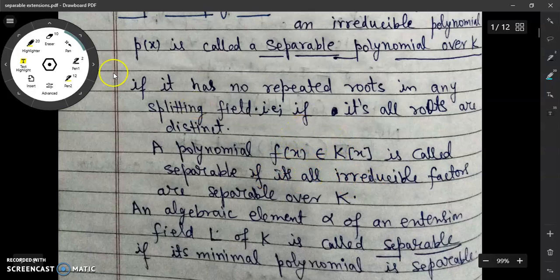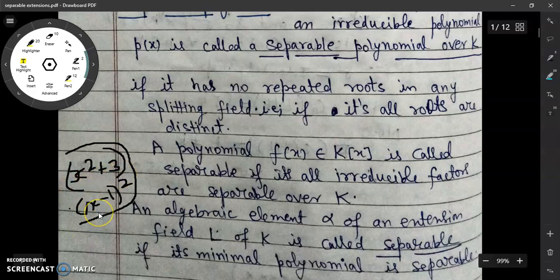Okay, now here observe that suppose that we consider a polynomial (x square plus 3) into (x minus 1) whole square. If you consider this polynomial, we observe that its irreducible factors are x minus 1 and x square plus 3.